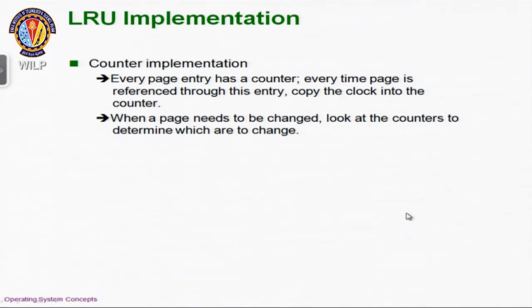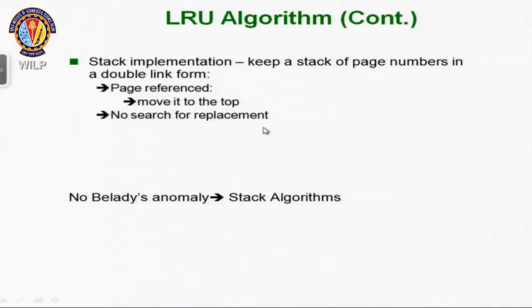So here is a trade-off in terms of the size of the reference bit which one would maintain. Another implementation is what we call the stack implementation. We keep a stack of page numbers in a kind of doubly linked list form, and whenever a page is referenced, we move that referenced page to the top of the stack.